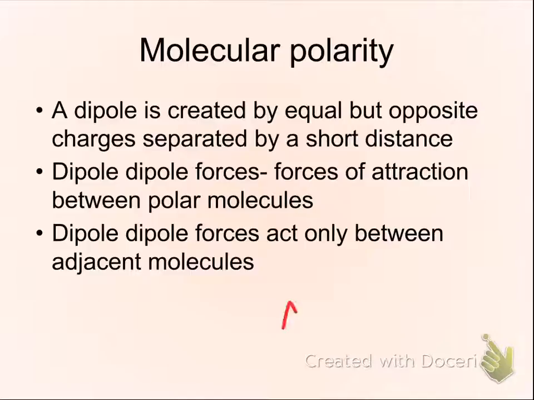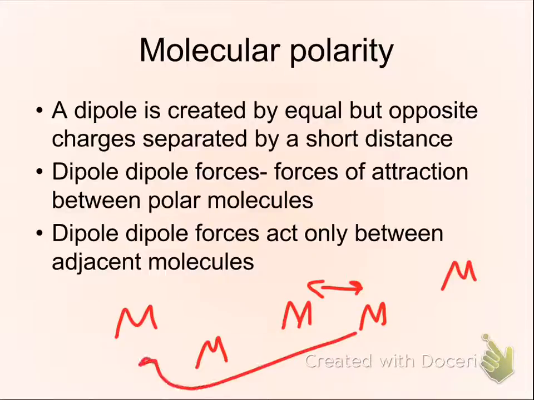It's only between this molecule and this molecule. I should make those M's, shouldn't I? Molecule A, molecule B. It's only between these. It doesn't work all the way over here. So they're short range, these dipole forces. They're localized.